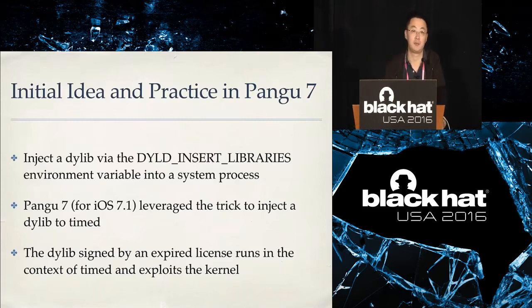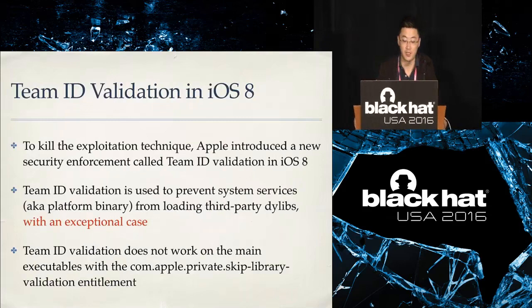So it seems very easy, right? But since iOS 8, Apple made a big change. To kill this kind of exploitation technique, Apple introduced a new security enforcement called Team ID validation. So basically, Team ID validation's idea is this. When you load a library, the kernel will check who created the library. There is the ID information embedded in the library which is not changeable.